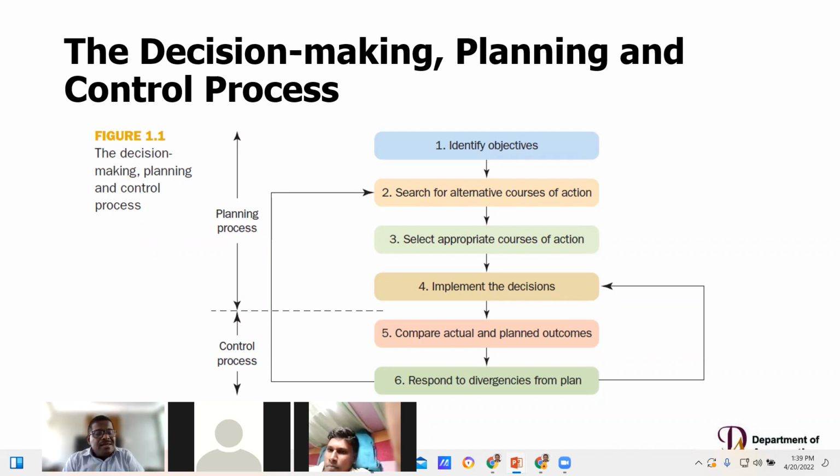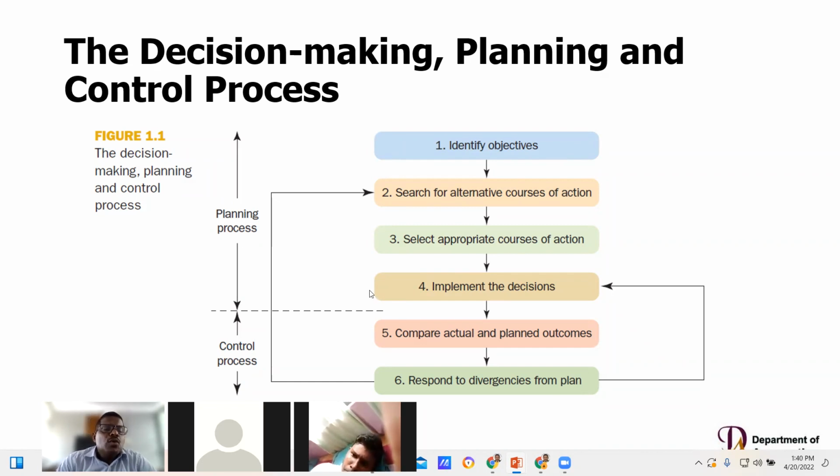So you plan, you control. Planning means you prepare, you evaluate, you think about different alternatives, you select the best option, and you implement. Once you implement, you need to look at whether you achieved the expected or desired output. You compare actuals with the expected objectives. So that is the control.